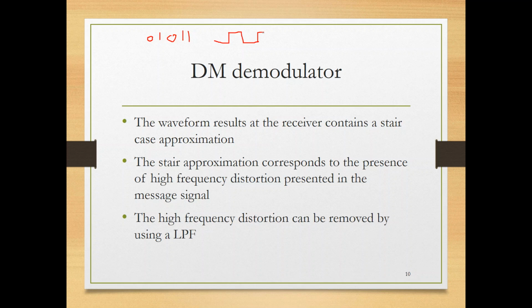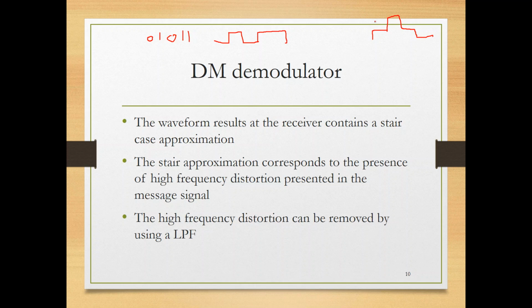This is the electric signal that you transmit over your channel, and when the delta modulation demodulator receives this, this is 1, then this is delta, this is another 1, this is delta. And then when it is minus, you go down by minus delta, and so on and so forth.